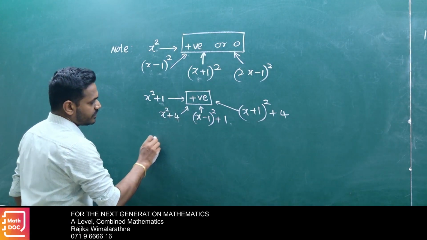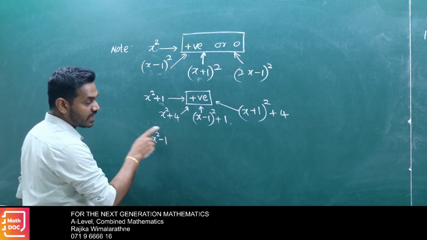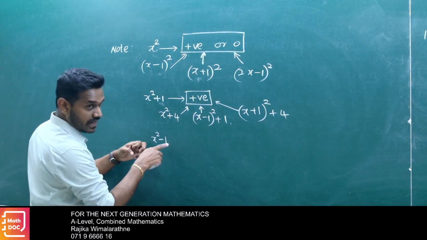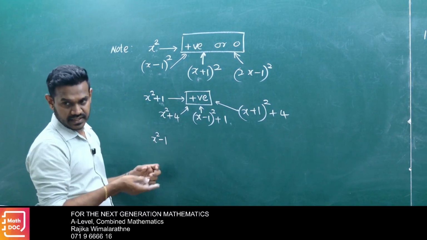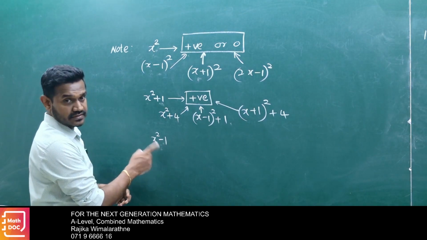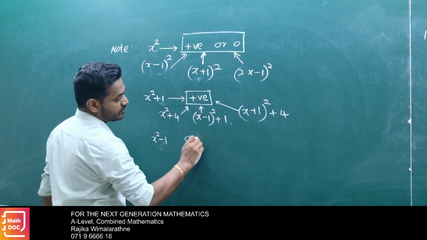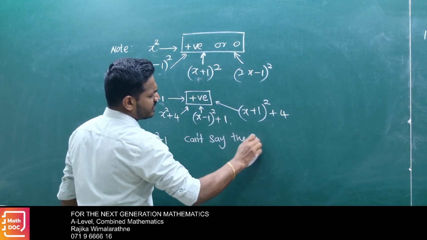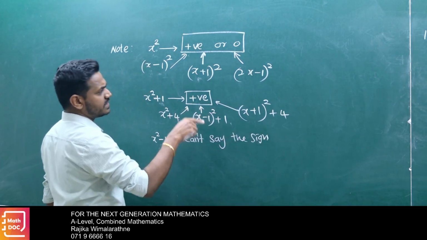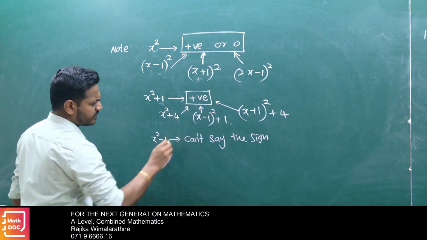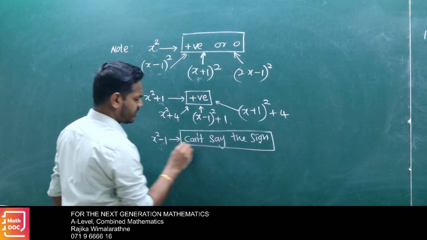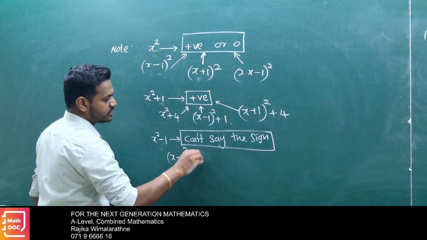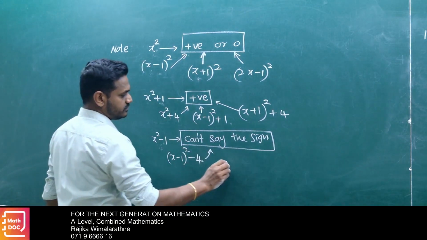Then x square minus 1, we can't say the sign here. X square is positive or 0, but when we subtract, it can be positive or it can be negative. Then x minus 1 square minus 4, we can't say the sign.